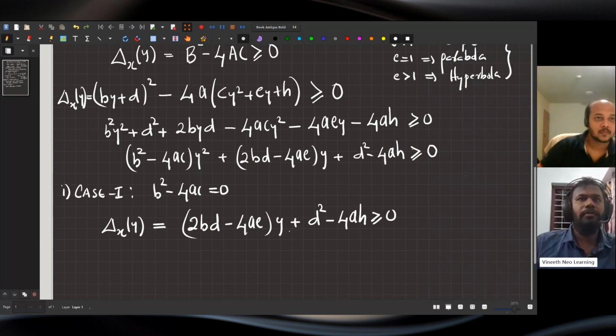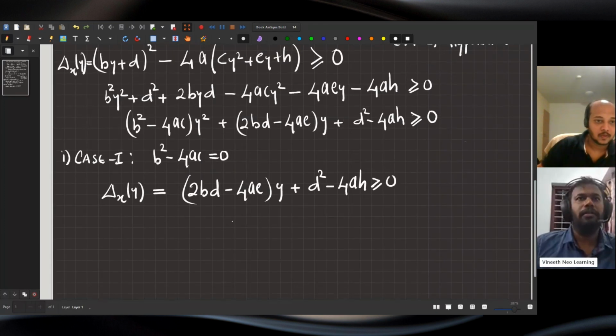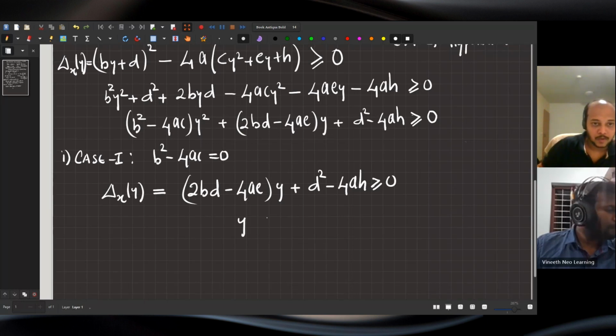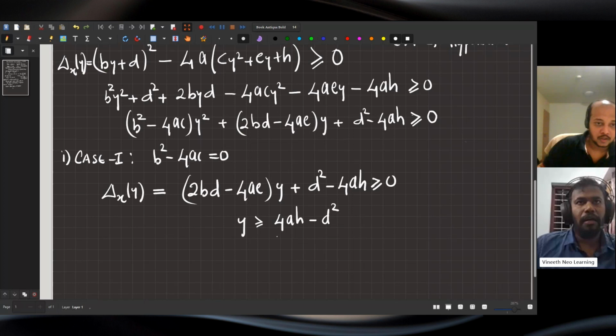So if we solve for y, what will be the inequality? It should be greater than or equal to (4ah minus d squared) over (2bd minus 4ae).